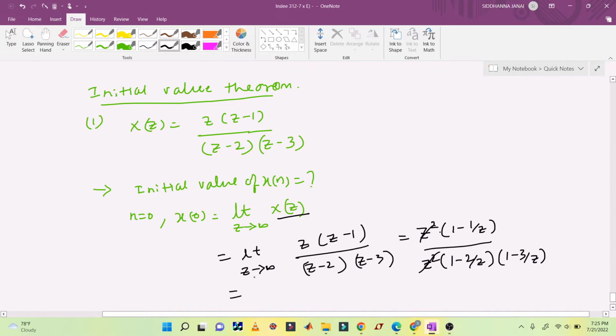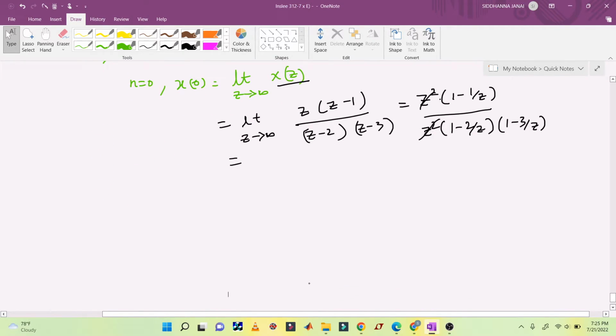When I substitute z tends to infinity, this will be 1 minus 1 by infinity divided by 1 minus 2 by infinity multiplied by 1 minus 3 divided by infinity. Correct? This is what we get.